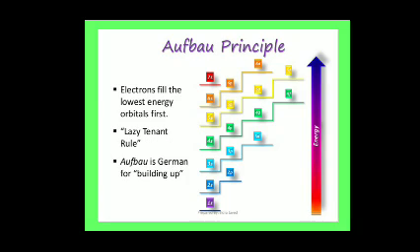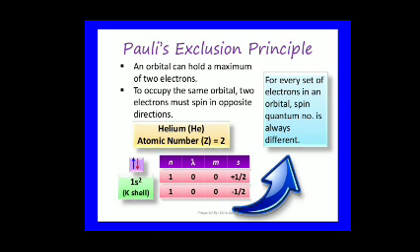These are the increasing energy levels of orbitals explained by the Aufbau diagram.